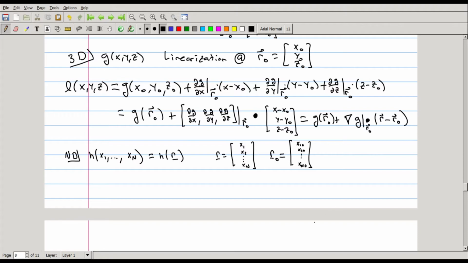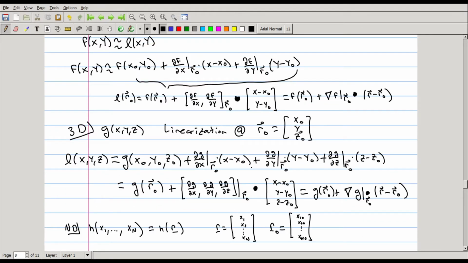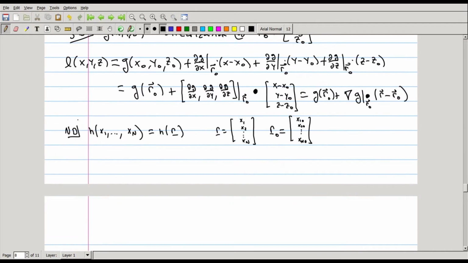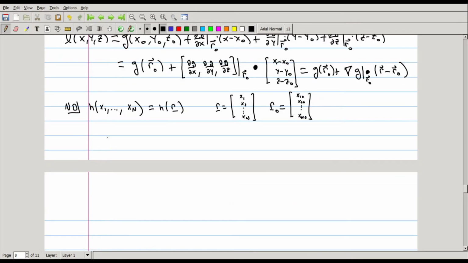So you'll see this formula right here is the same formula as the previous formula that we got in 2D, meaning that the idea here is that we can really extend this idea of linearization to a function of any number of variables.